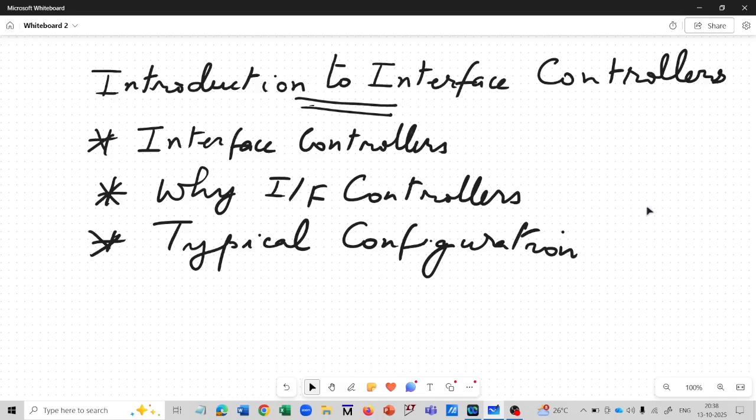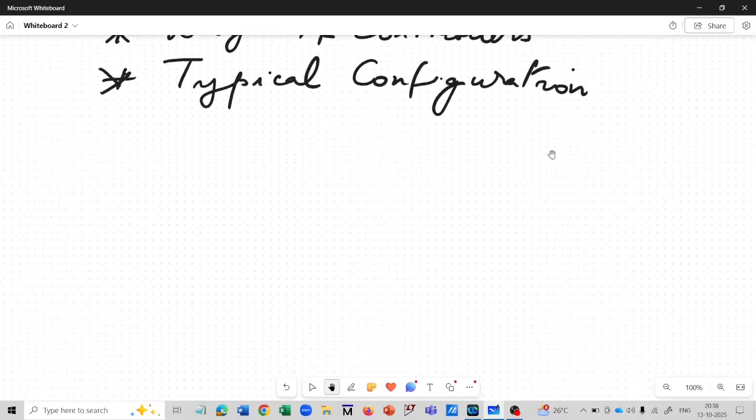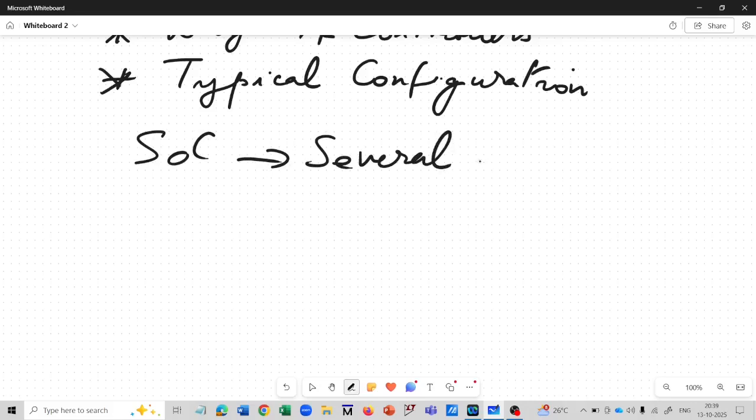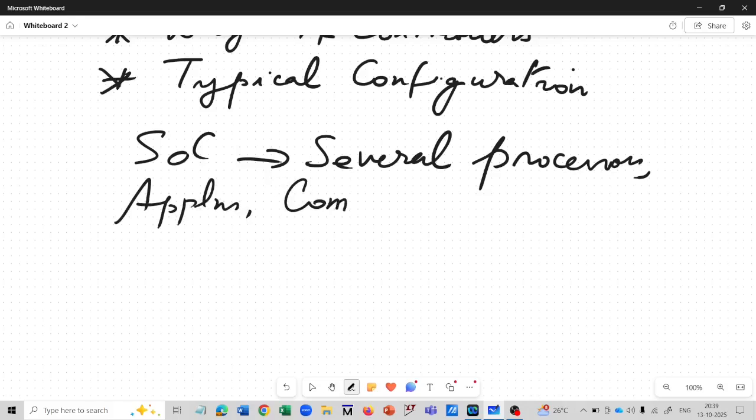So what exactly are interface controllers? We know that all modern VLSI designs are basically systems on chip where you will have several processors, applications, communication interfaces, and so on.